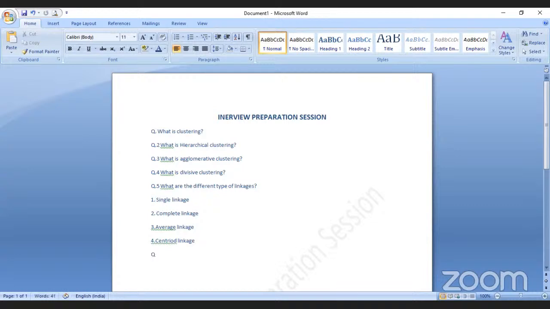So the next question: what are the various types of clustering algorithms?